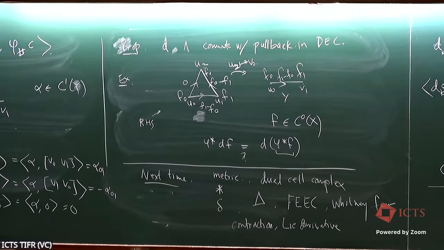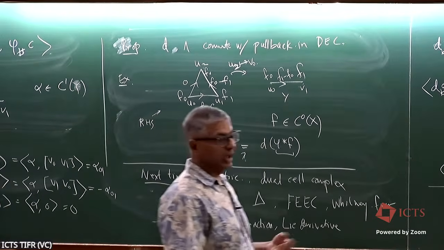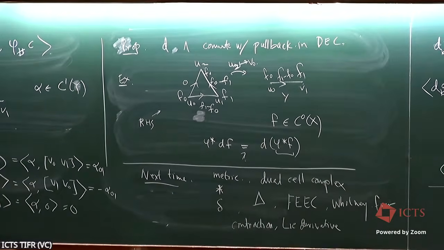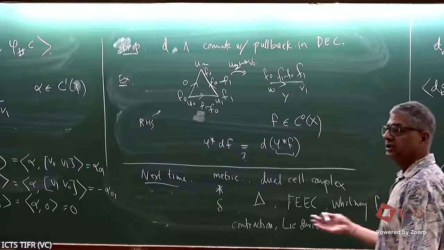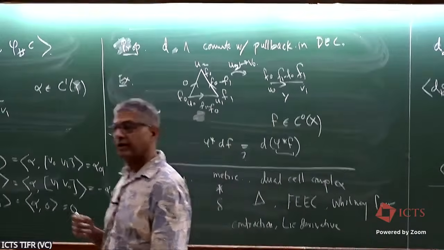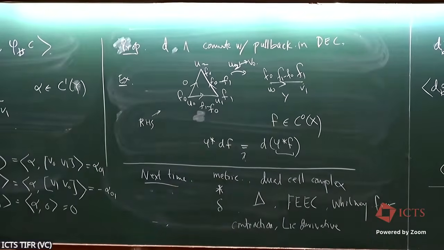And the Cartan formula involves contraction. So you need to understand what is a contraction. So with that, we actually have used that in a paper on Navier-Stokes on surfaces, on simplicial surfaces, which is in JCP.